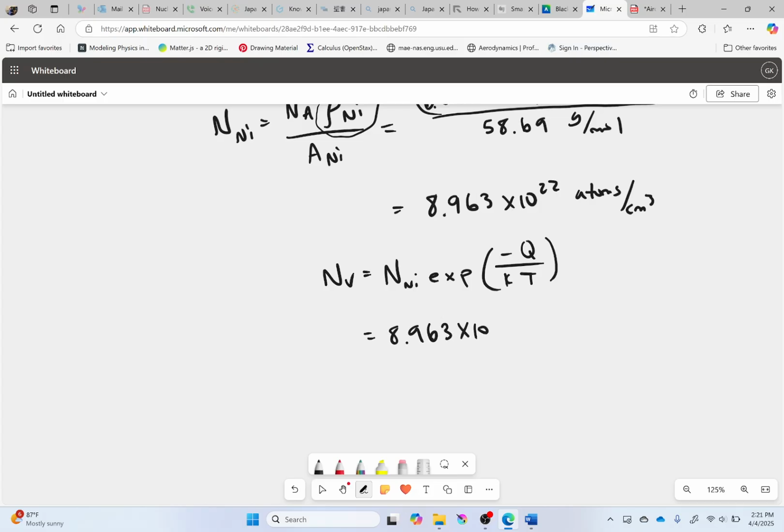So that's 8.963 times 10 to the 22nd times the exponential of, let's see here, make sure I do this right. Yes, negative 0.9 over 8.62 times 10 to the negative fifth. That's in electron volts per Kelvin, and this is also electron volts. And then finally times the temperature, which is 500 degrees Celsius.